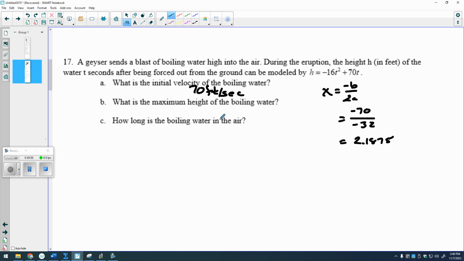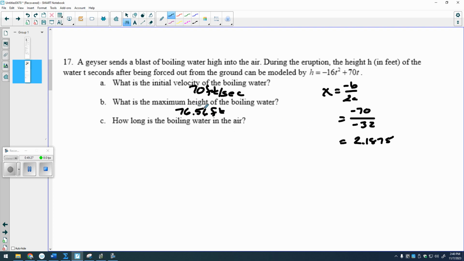Now, what is the max height? I take that 2.1875 and plug it back in for t, into both of these t's, and I get an h value of 76.56 feet.